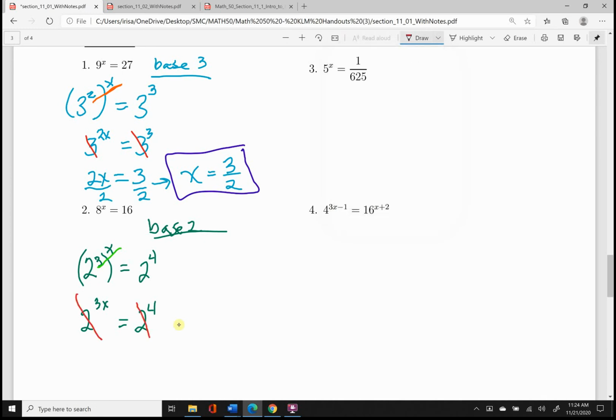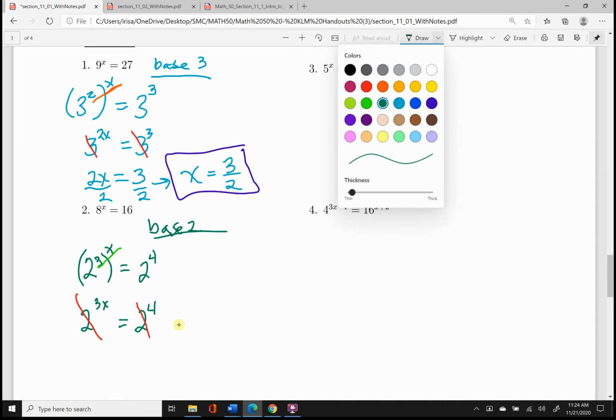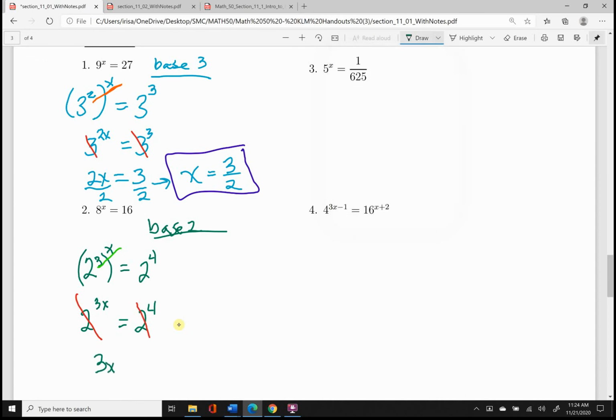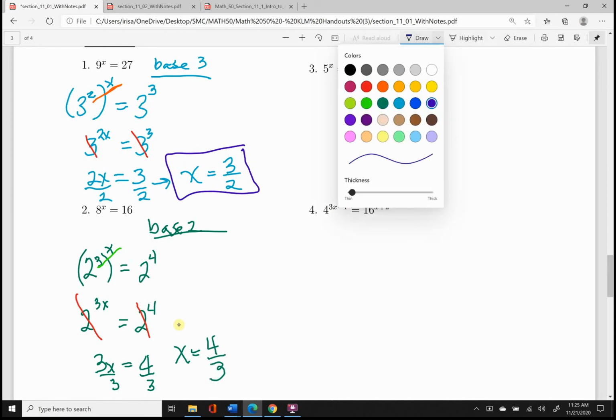Now 3x is equal to 4. See how easy that is? Once you figure out the common base, then it's easy. Divide both sides by 3, and you'll get x equals 3/4, or 4/3 rather, excuse me, 4/3, what I meant to say. 4/3. Bing, bang, boom, and we are done.